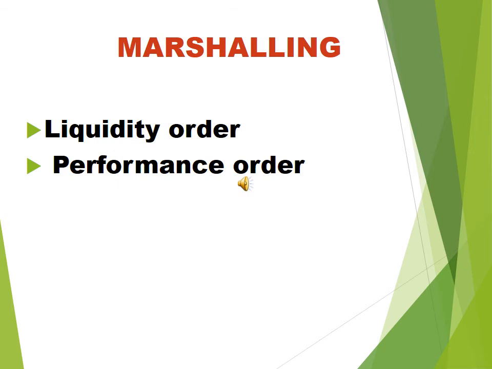In that method, the short notice liabilities like outstanding expense, bills payable, sundry creditors, then bank overdraft, etc. come first. Suppose bank overdraft is put as the first one, the most urgent, the least urgent category will be capital, net profit and drawings. Performance order is just the reverse of liquidity order. Examples are given. Please go through the example in the next slide.